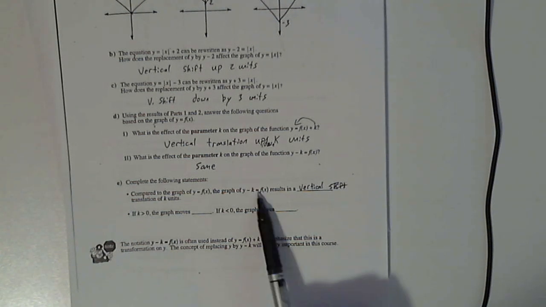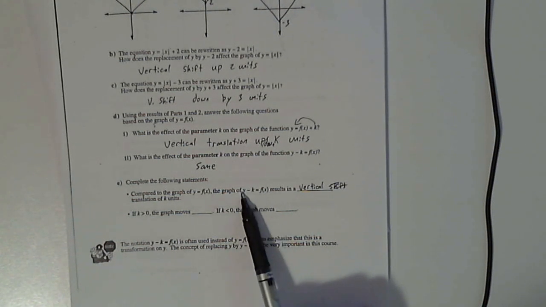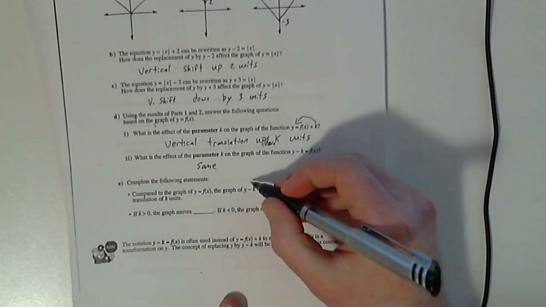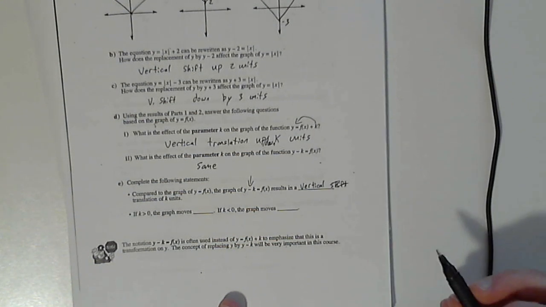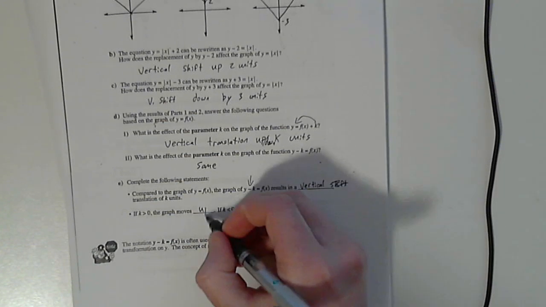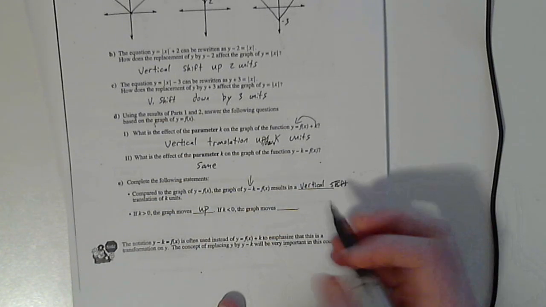If k is positive, so in this one, if k is positive, that would be y minus k. That over here would be plus k. So this is always backwards. And they actually write it right in the equation. This is something tricky to see. We'll see it better down here. If k is a positive value, the graph moves up. If k is a negative value, the graph moves down.